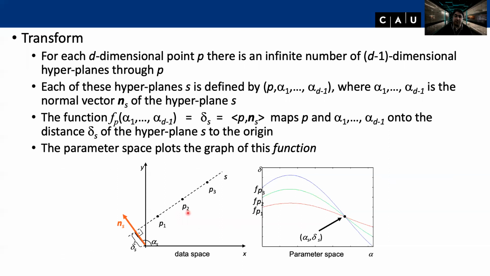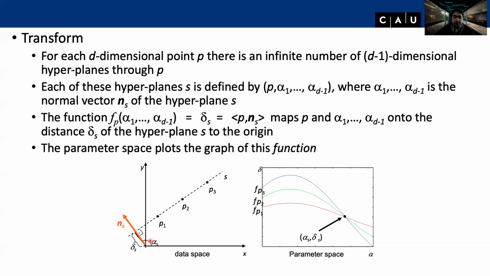However, how can we actually characterize a line? You know, maybe from high school, there is this slope and intercept, and another representation is the translation, the distance from the origin to that line, orthogonal to that line, denoted with delta, and the normal vector n_s, where we take the angle which is spanned between the x-axis and this normal vector n_s.